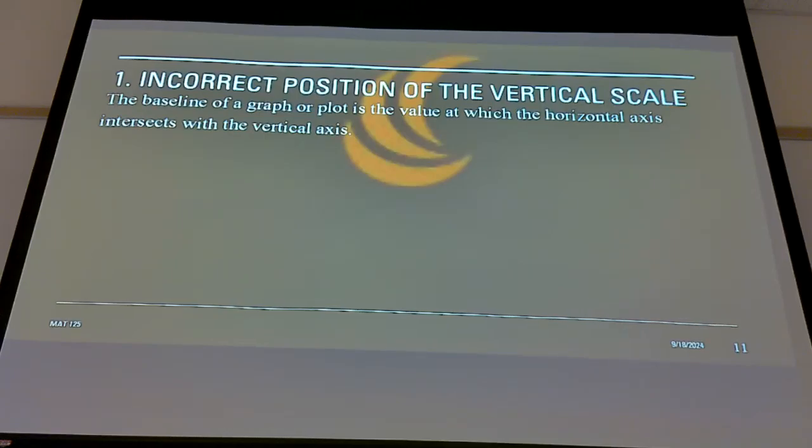So we don't say we graph x squared, we plot x squared. The horizontal and vertical axes, the x and y, always cross at 0, 0.